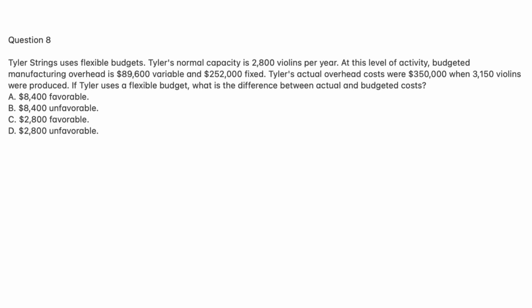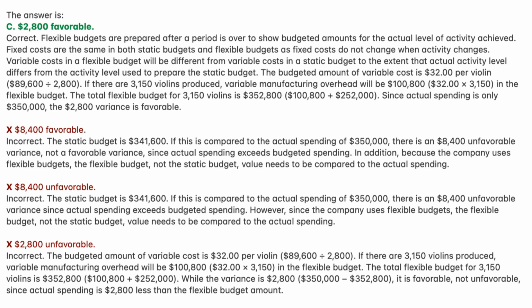If Tyler uses a flexible budget, what is the difference between actual and budgeted costs? A. $8,400 favorable. B. $8,400 unfavorable. C. $2,800 favorable. D. $2,800 unfavorable. The answer is C. $2,800 favorable.